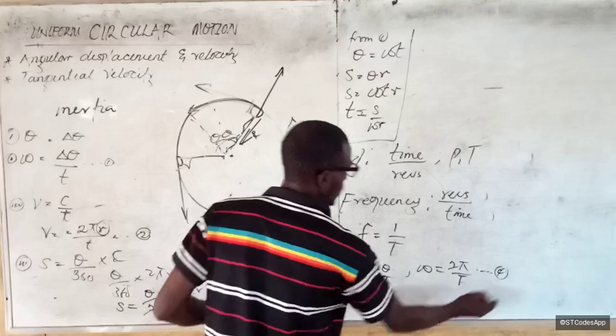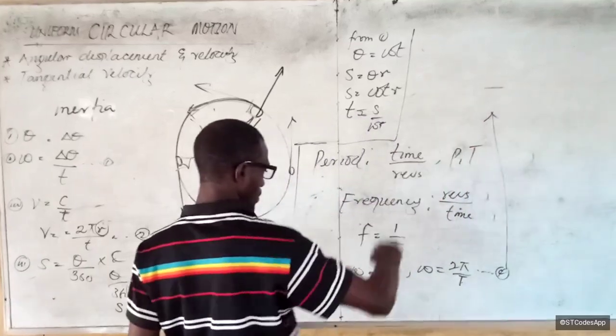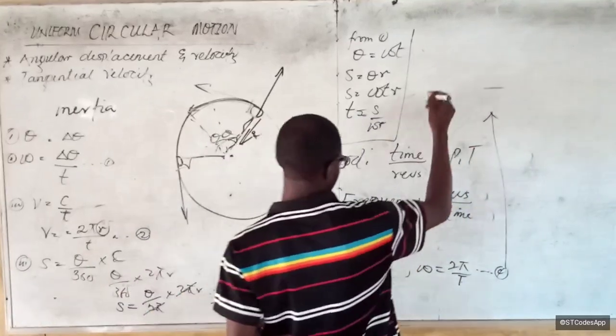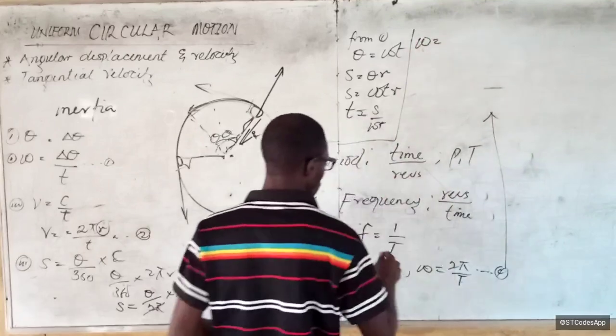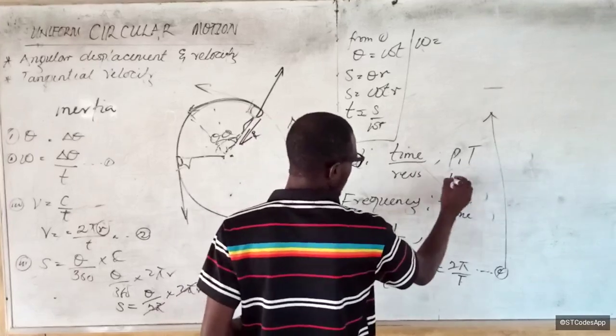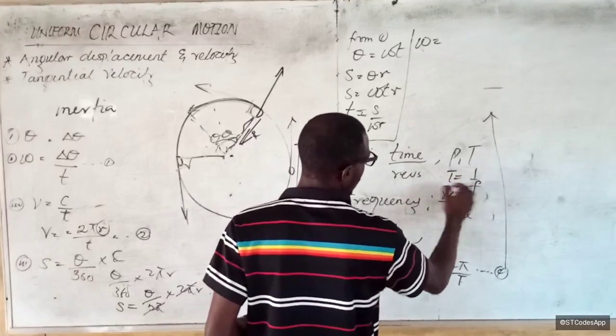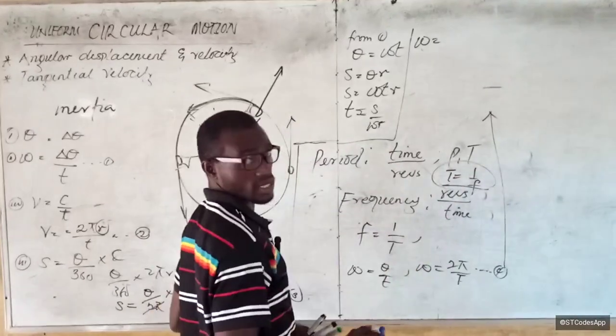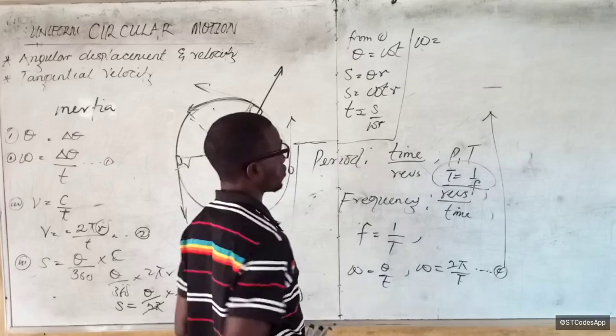So from here, we can come back to saying that omega is also going to be equal to, you know that f is the inverse of period. Therefore, t can also be the inverse of frequency. Just work the math, cross multiply, and you have your stuff.